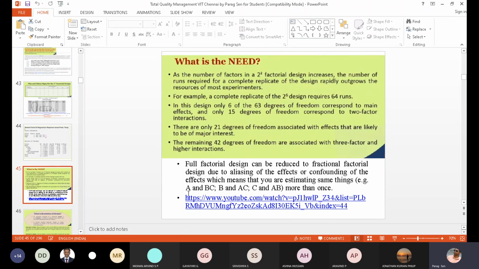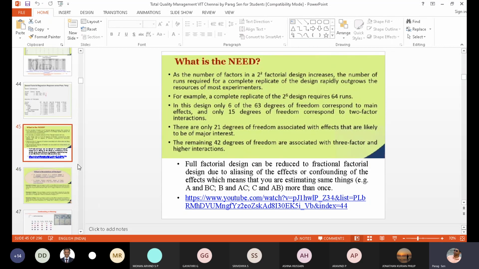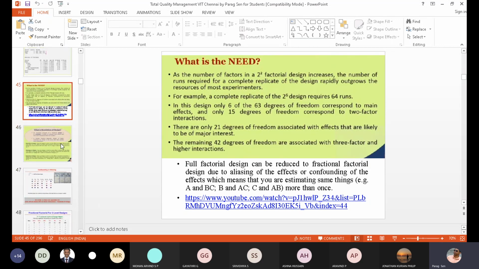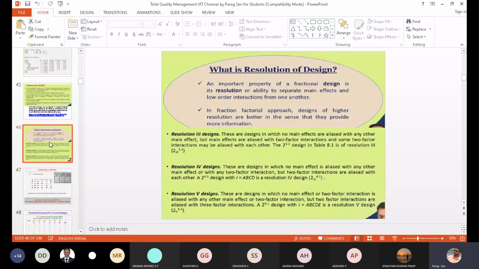I have provided you the link, so you can just watch the link. Now I will go through this particular site. What is the resolution of design? Frankly speaking, at the very first time you will not be able to get anything.